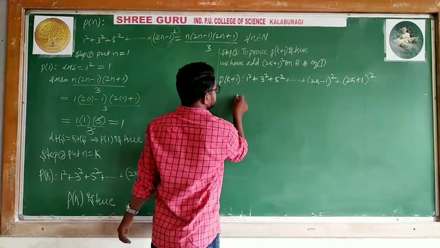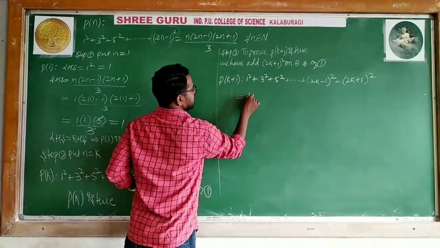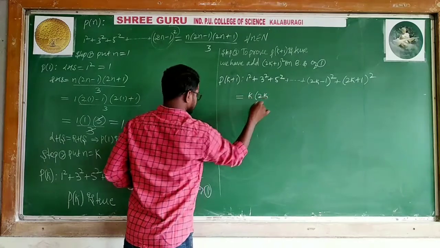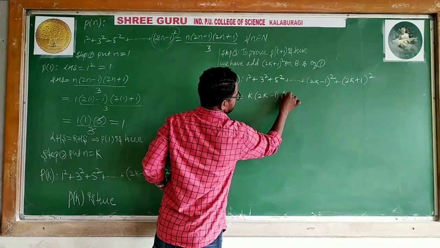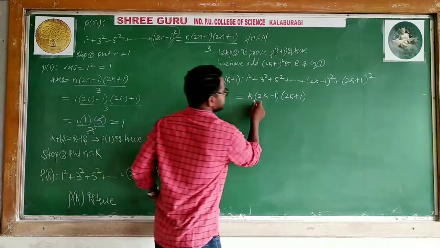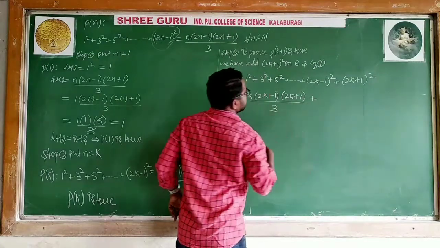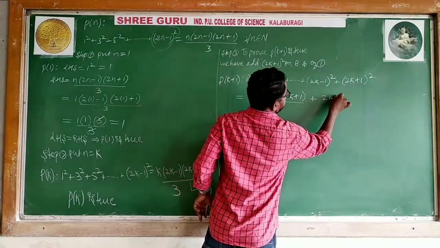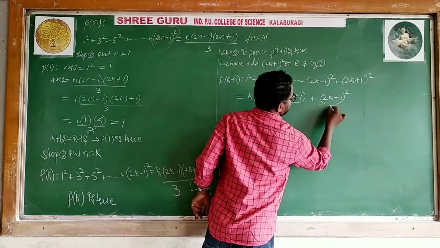This is the LHS. On the RHS what we have already is k into 2k minus 1 into 2k plus 1 whole divided by 3. What we are adding is 2k plus 1 whole square, divided by 1.